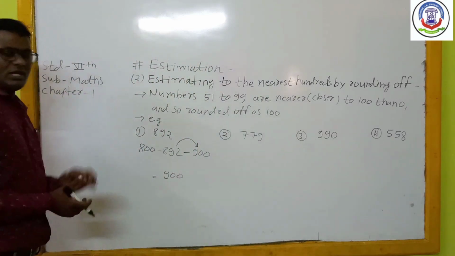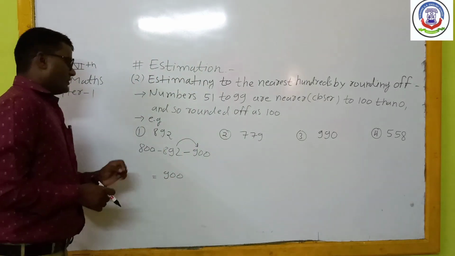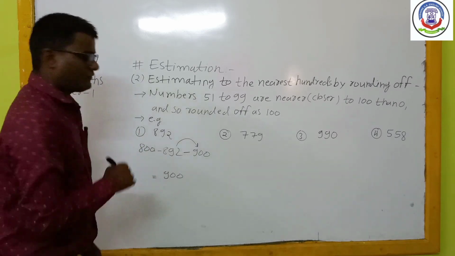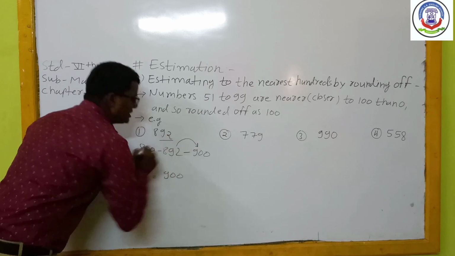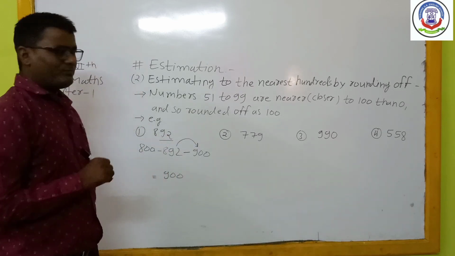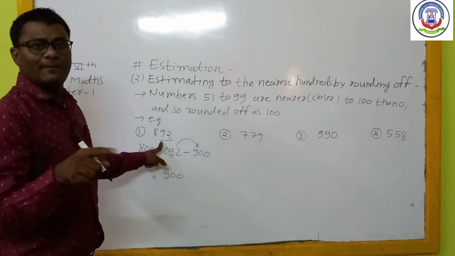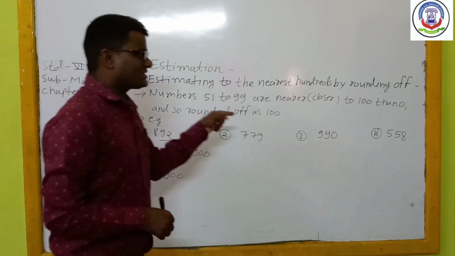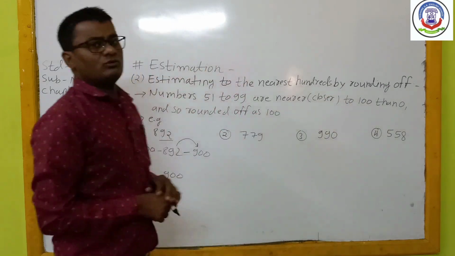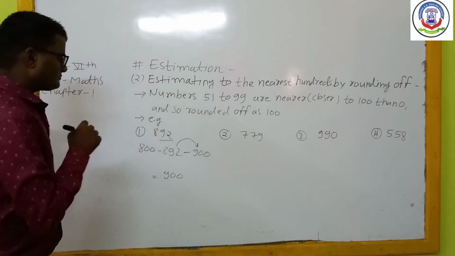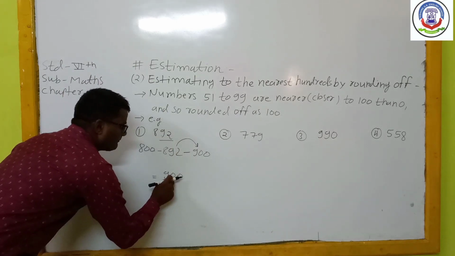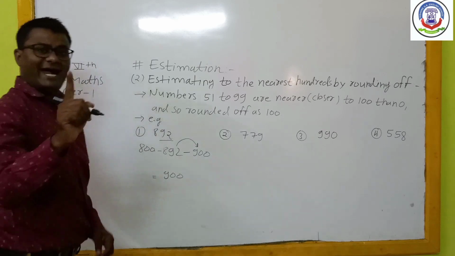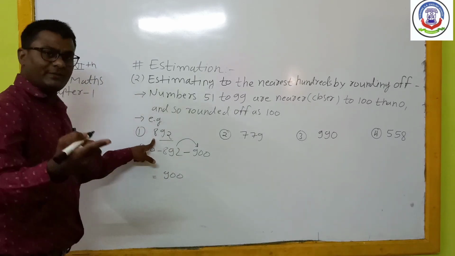Okay students, another way, if you can't judge what is the required number, first of all see these two digits. 92 lies between 51 to 99, and that is nearer to 100. Nearer to 100 means we will put 00 at the place of 2 and 9, and add 1 to the 100 place digit.